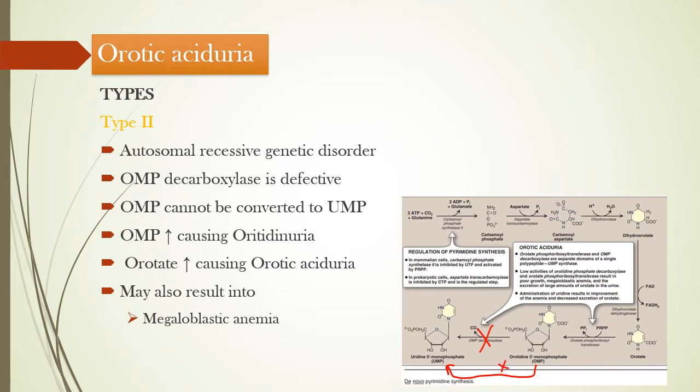As a result, there is an increase in the levels of OMP and it causes orotidinuria. And when OMP is not further converted into UMP, there is also a rise in the levels of orotic acid, so this may also cause orotic aciduria. The further complication associated with type 2 orotic aciduria is megaloblastic anemia.